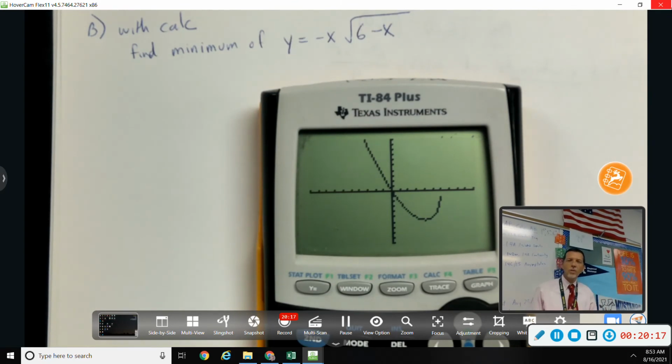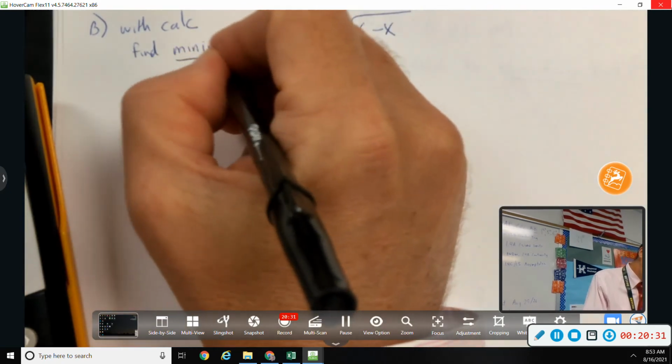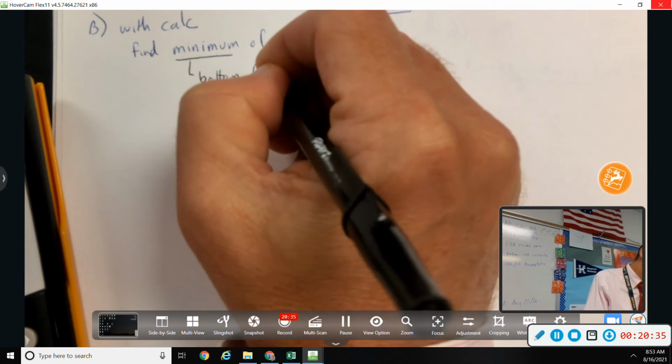All right, so where is the minimum? Can you describe in words where the minimum is? At the bottom, that's one way to say it. I don't know where it is, but the minimum would be at the bottom of a valley.